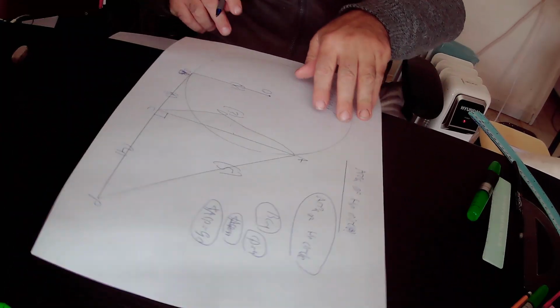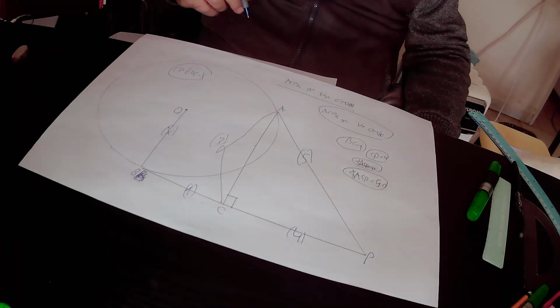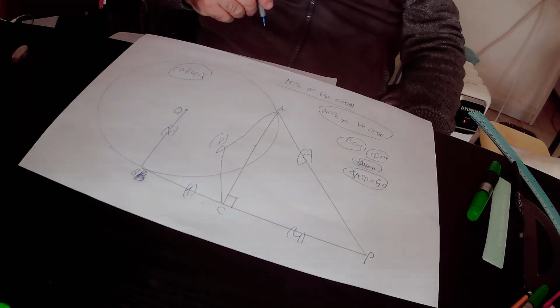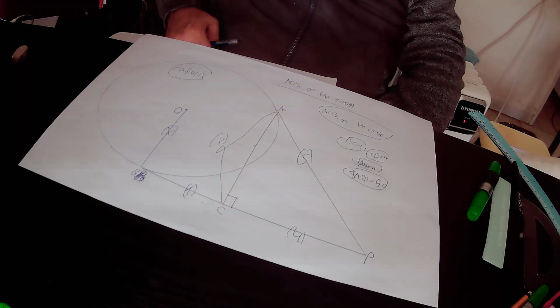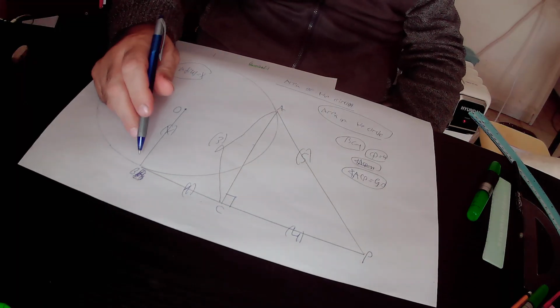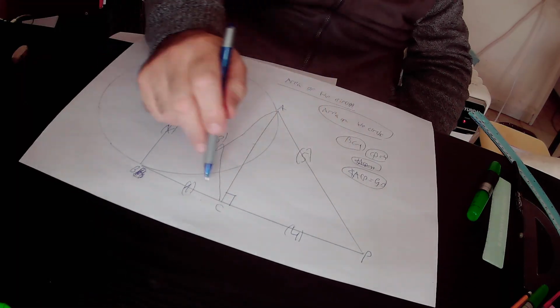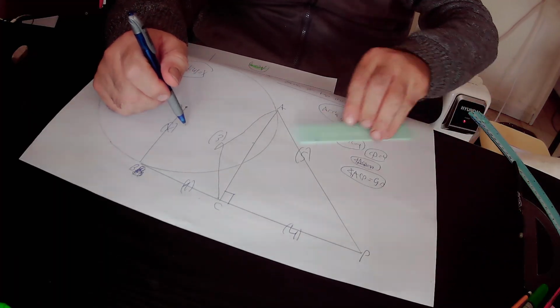The radius OB is drawn to point B, that is the point of tangency of PB with this circle. And whenever your radius is drawn to the point of tangency, then tangent PB will be perpendicular to the radius BO. If PB is perpendicular to BO, it means that this angle equals 90 degrees according to Rule 3.